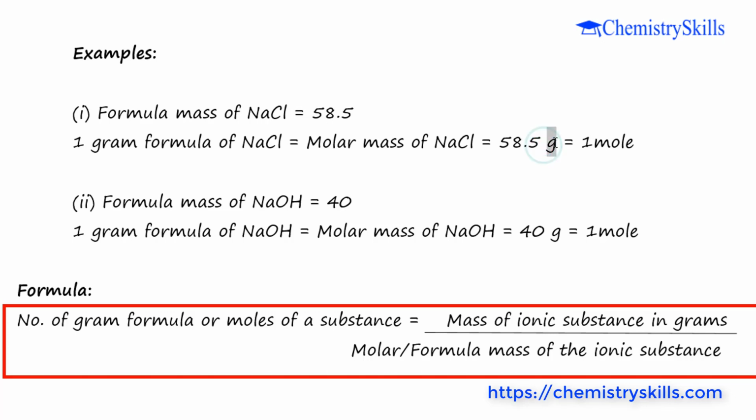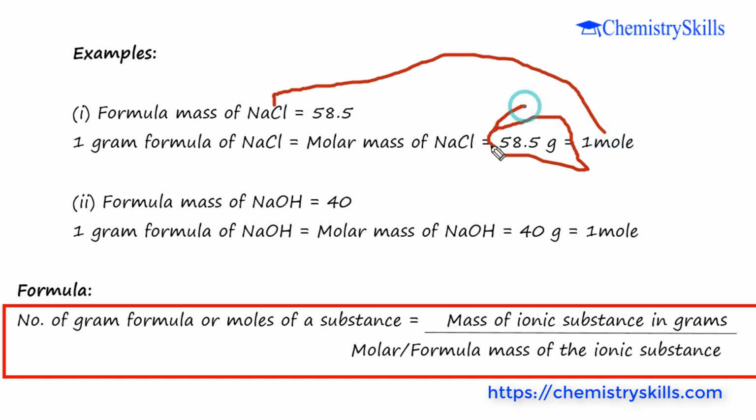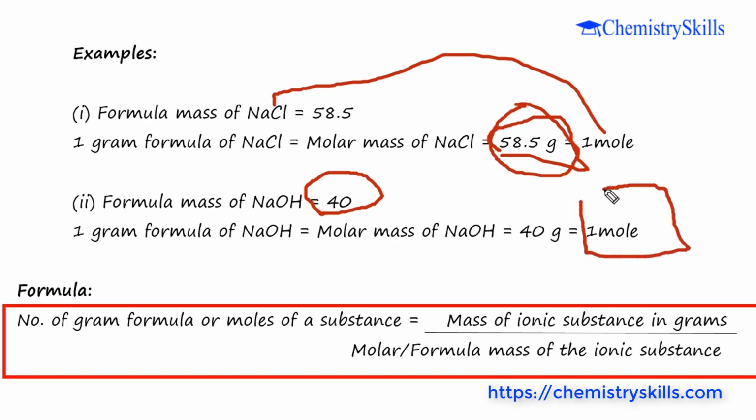When we put grams here, 1 mole of NaCl will be equal to 58.5 grams. Similarly, the formula mass of sodium hydroxide is 40 AMU. If we take 1 mole of sodium hydroxide, it will be equal to 40 grams of sodium hydroxide. That will give us 1 mole.